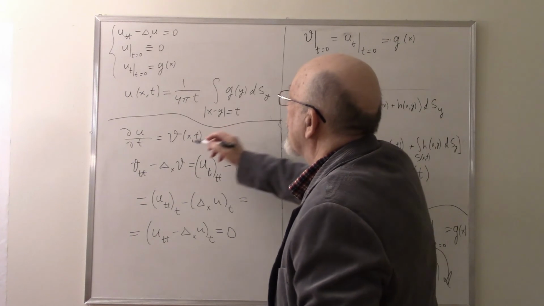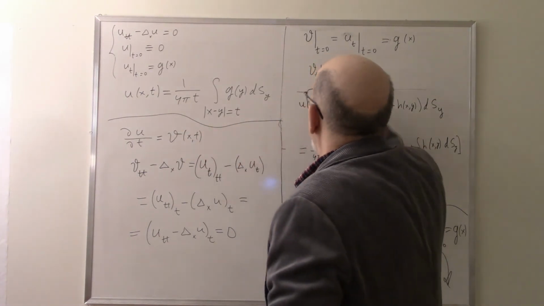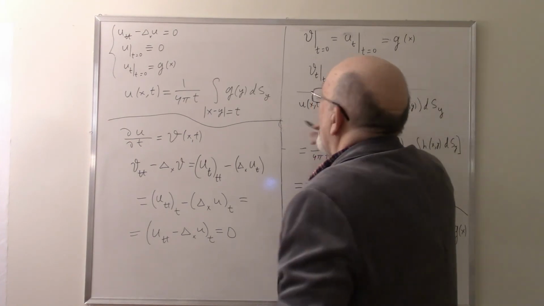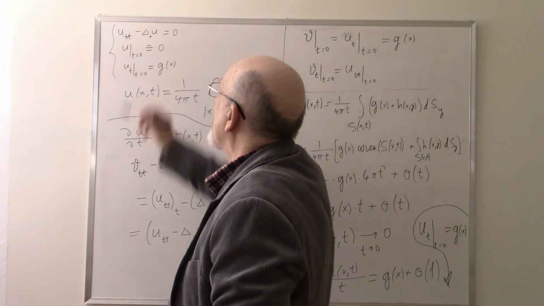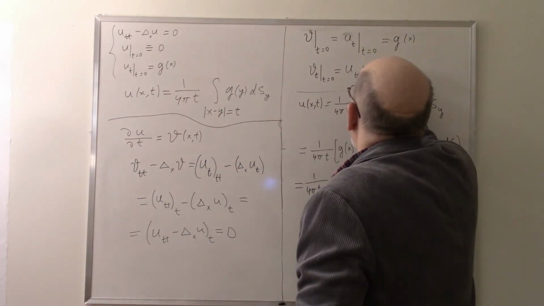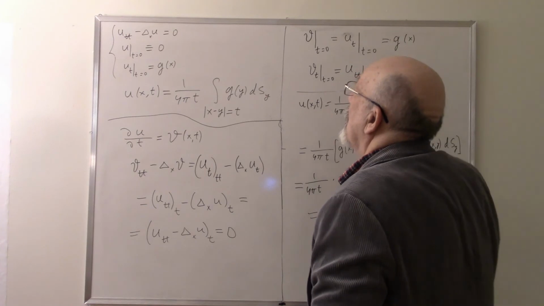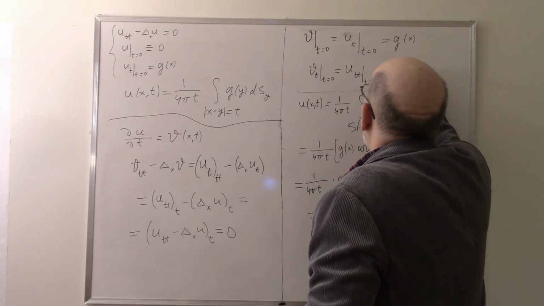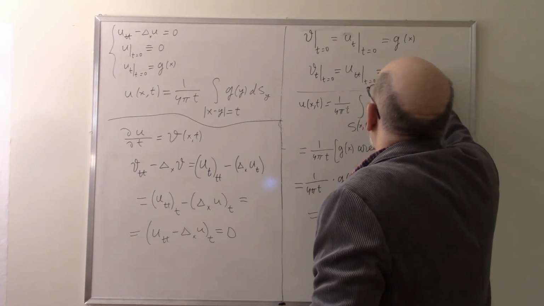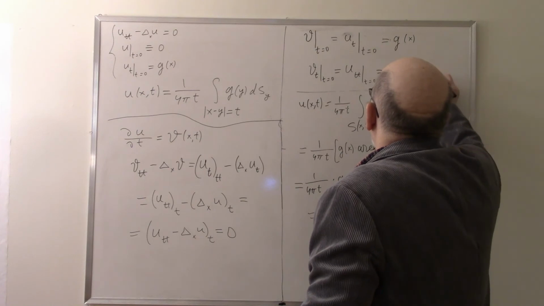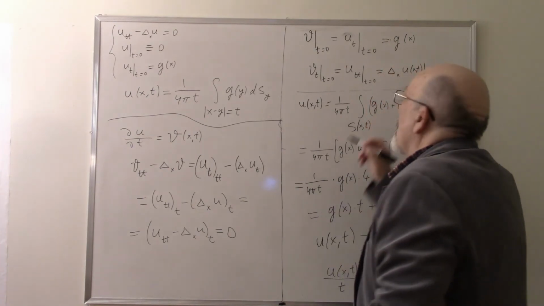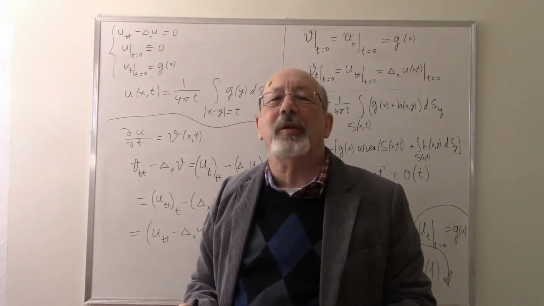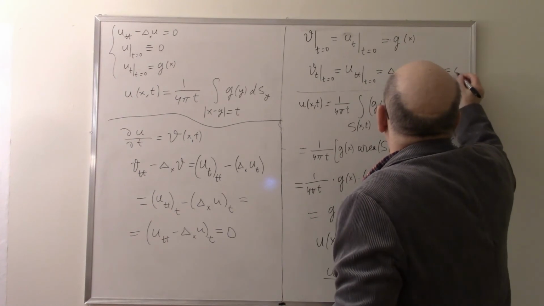V is du/dt, so dv/dt is u_tt for t equals 0. But u_tt equals Laplacian u, Laplacian over x of u of x, t for t equals 0. But u for t equals 0 is 0. Yes? So its Laplacian is also 0.